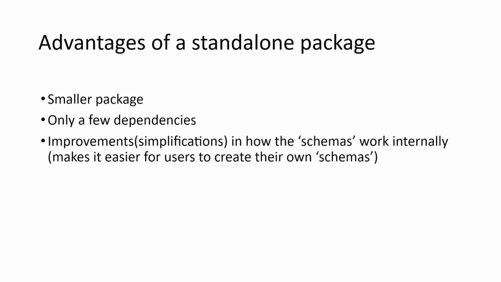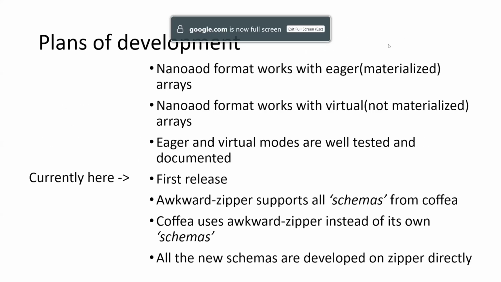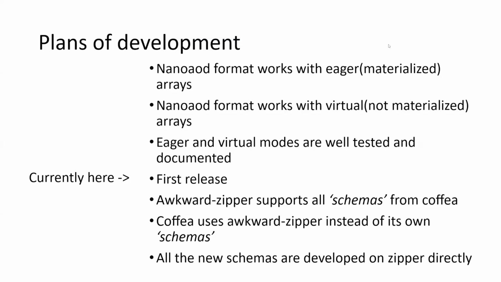And also a bit of a roadmap for this package. Right now, Awkward Zipper supports eager arrays, meaning materialized arrays, and virtual arrays, not materialized arrays. Both of these modes are well tested and documented with examples of how you can use Zipper and how it works internally.